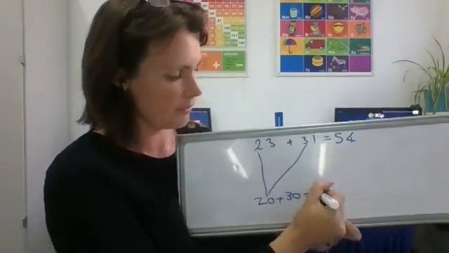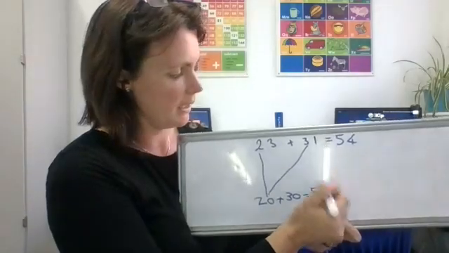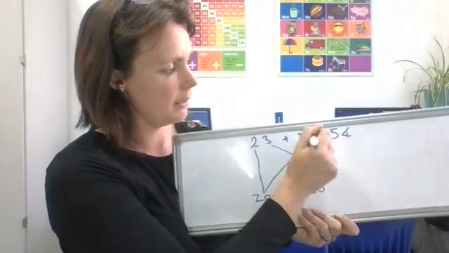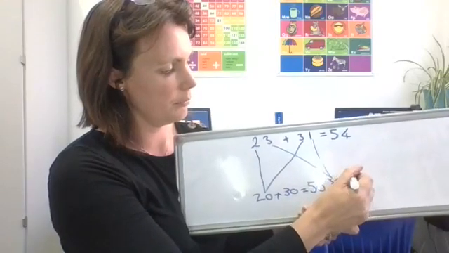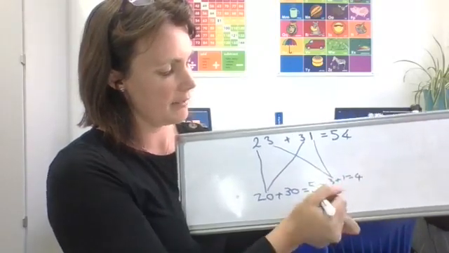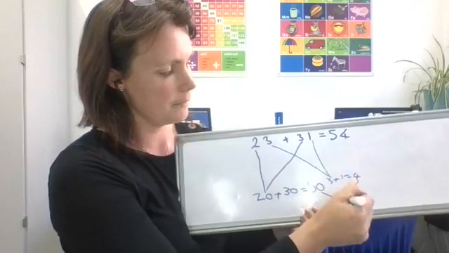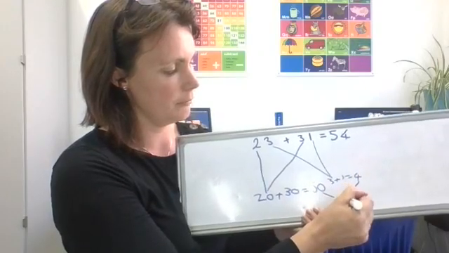So 20 plus 30 is 50. And then I take my 3, add my 1: 3 plus 1 equals 4. Then add the two together, and that gives you 54.